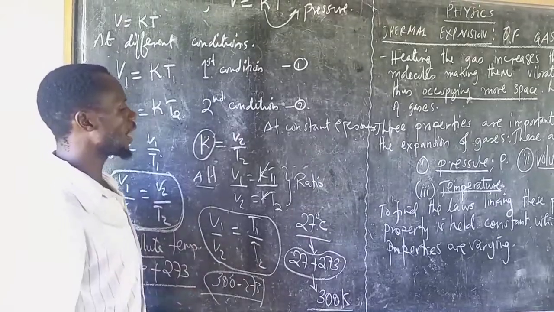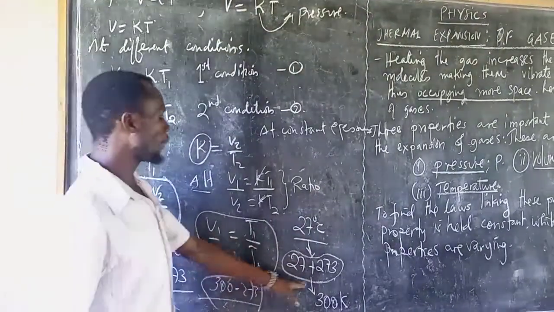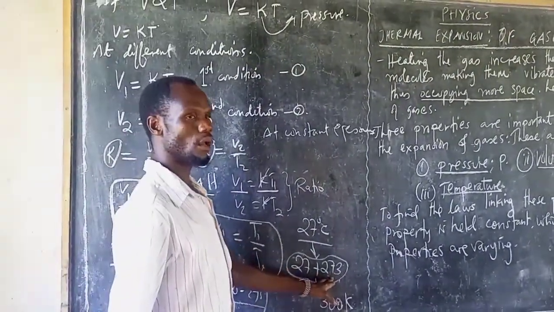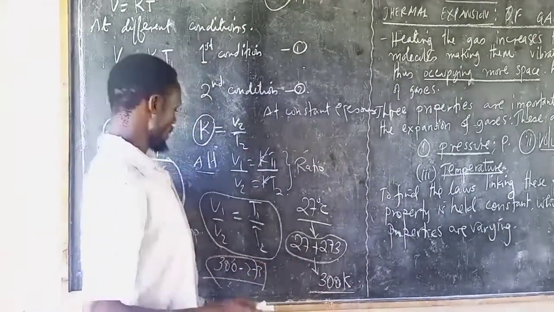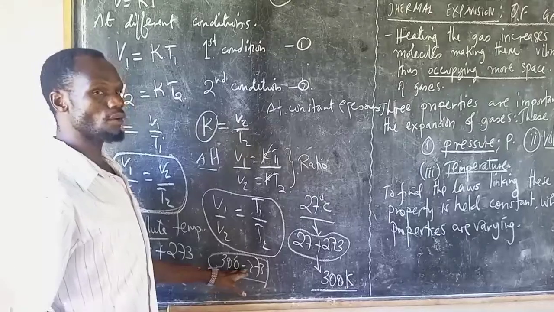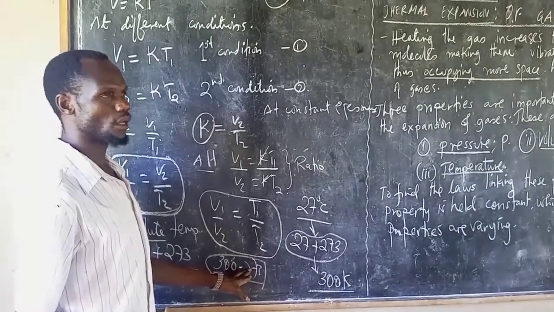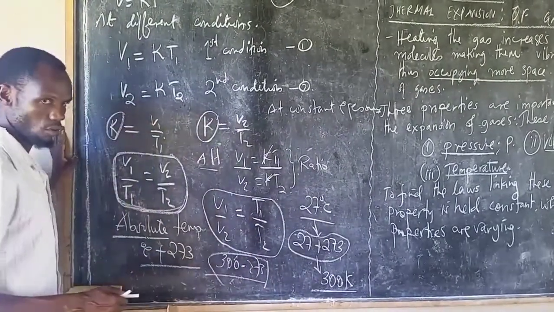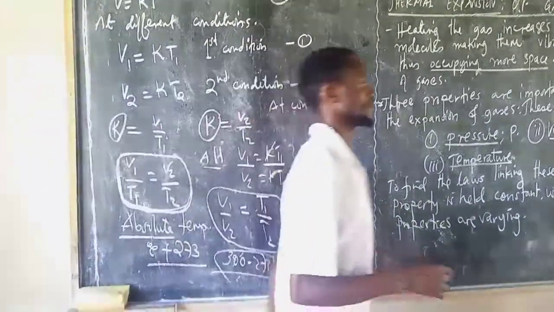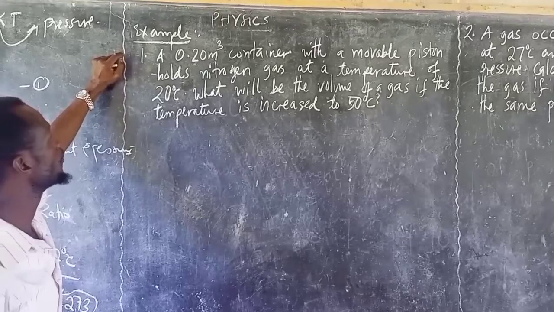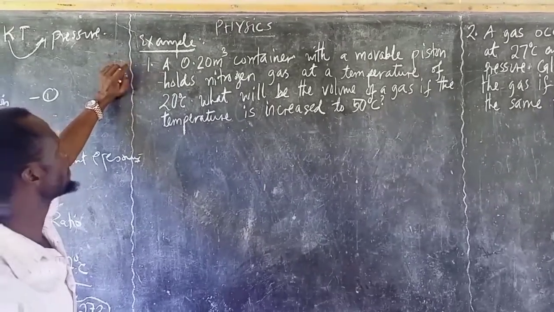Sometimes you may be asked to convert degrees Celsius to Kelvin: add 273. Or sometimes you may be given Kelvin to convert into degrees Celsius: subtract 273. So this is all about Charles' law. Now let us do an example about Charles' law.